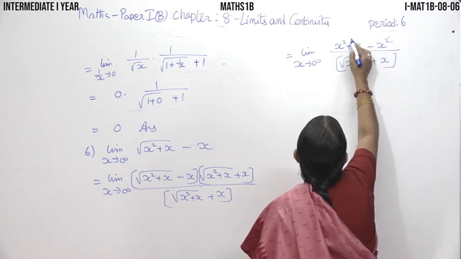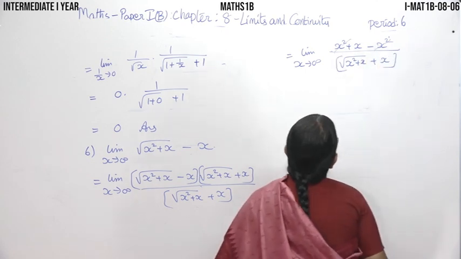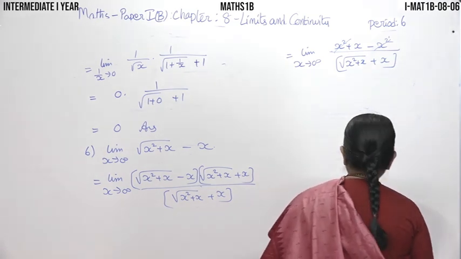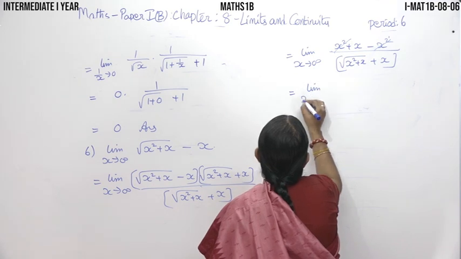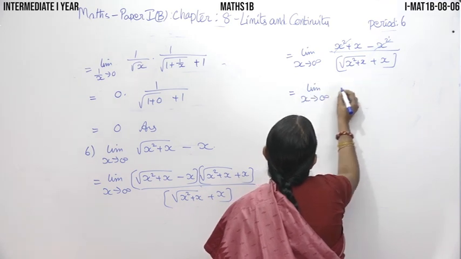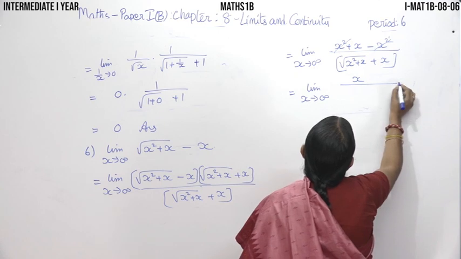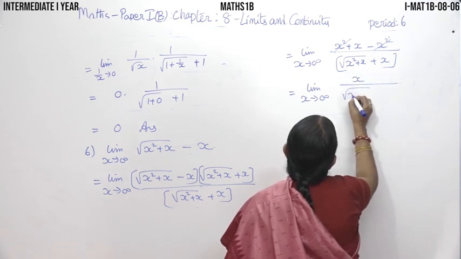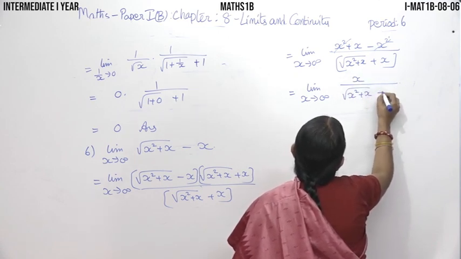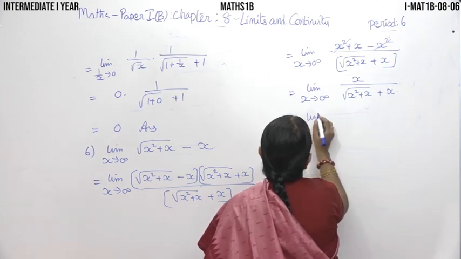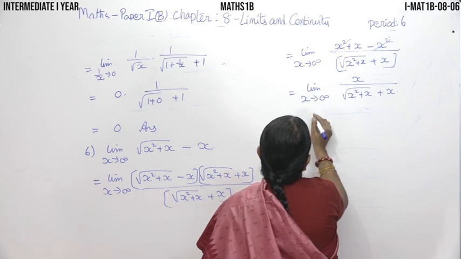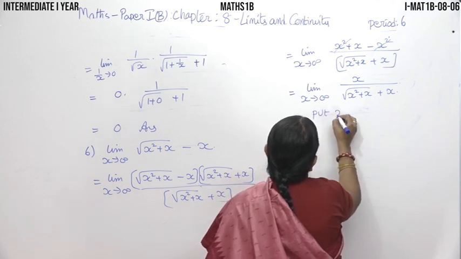So here x square gets cancelled. So it is limit x tending to infinity of x by root of x square plus x plus x. So we can take root x common, or else shall we put x is equal to 1 by y, and we'll do one problem.